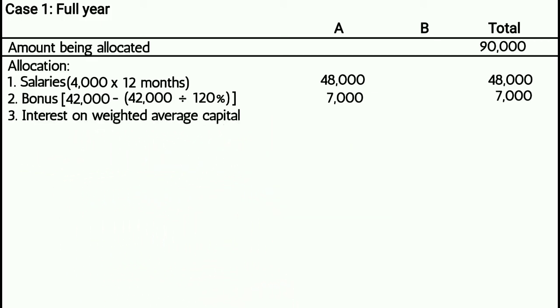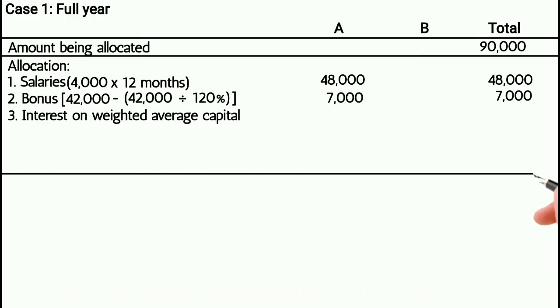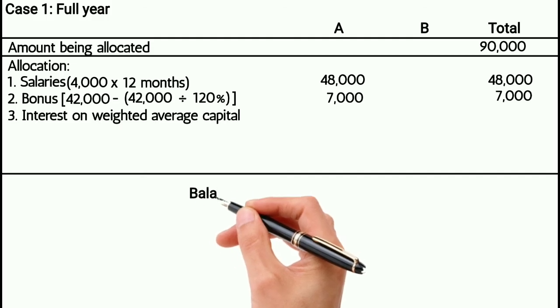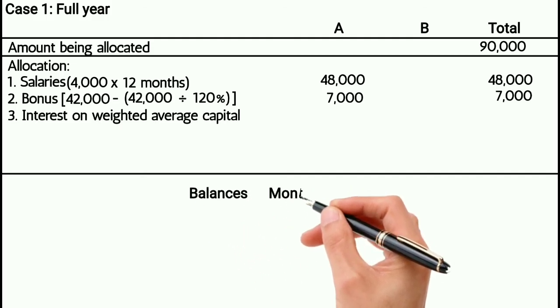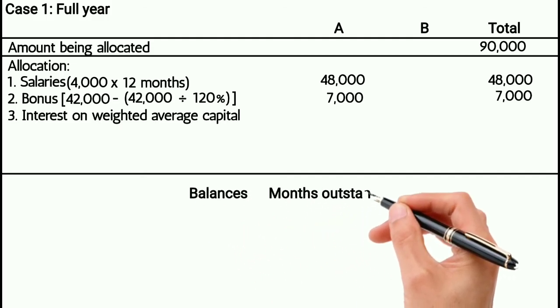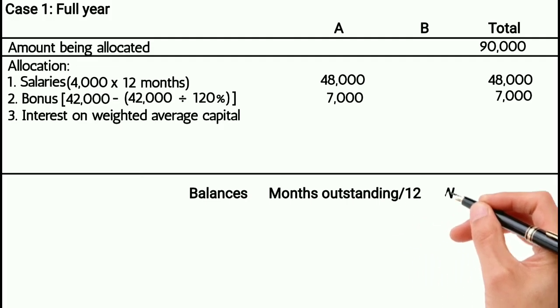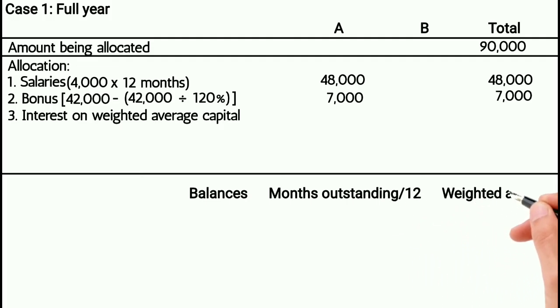Next, interest on weighted average capital. To compute the interest on weighted average capital, gagawa tayo ng columns. Isang column for balances, isang column for months outstanding over total months in a year, at isang column for weighted average.